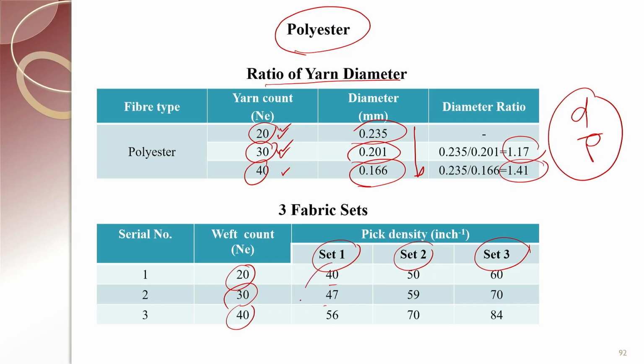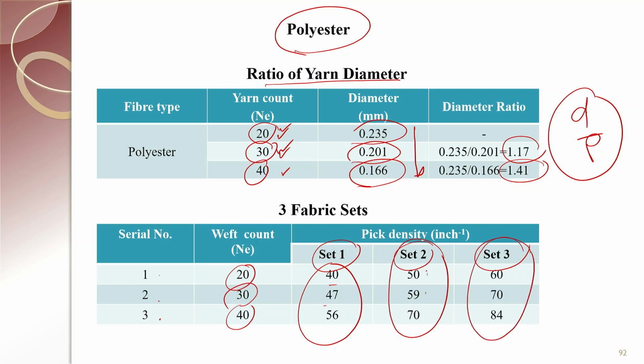So, in all these 3 fabrics we should keep the cover factor the same. Similarly, set 2 will have higher cover factor, but in between these 3 fabrics the cover factors will be the same. So, for serial numbers 1, 2, 3, the cover factors will be exactly the same.